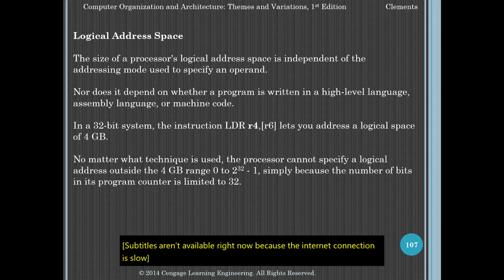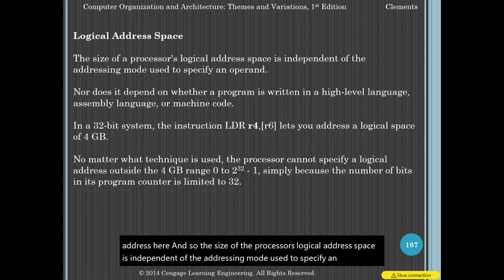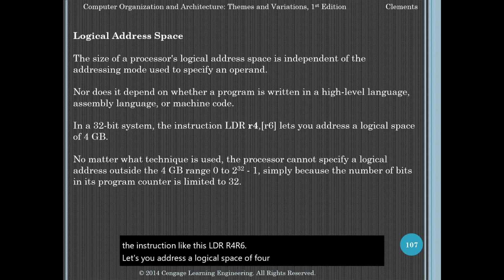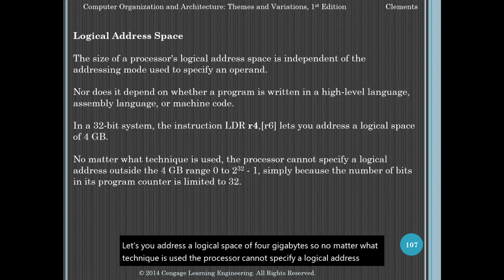Nor does it depend on whether a program is written in a high-level language, assembly language, or machine code. In a 32-bit system, an instruction like this, LDR R4, R6, lets you address a logical space of 4 gigabytes. No matter what technique is used, the processor cannot specify a logical address outside of this 4 gigabyte range, simply because the number of bits in the program counter is limited to 32.